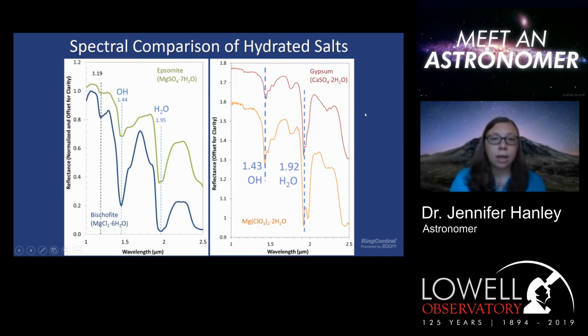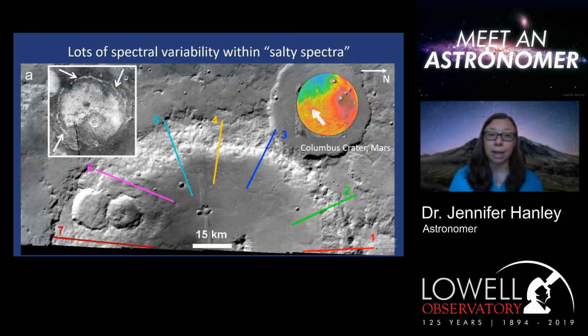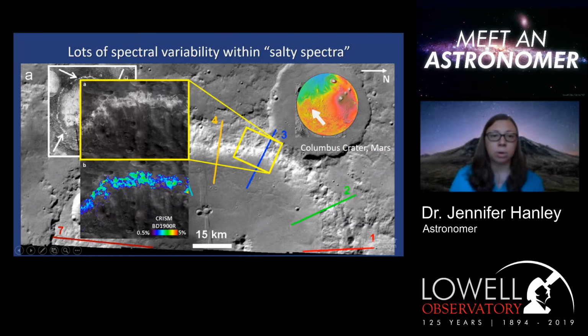I was funded by NASA to go and look for these salts. These are spectra that I collected in my lab, and we wanted to apply them to data collected by some of the Mars missions. So we went back to Columbus Crater, which I showed you at the beginning. Again, we have this nice salt ring. If we zoom in on one spot here, you can see again, here's the salt ring.